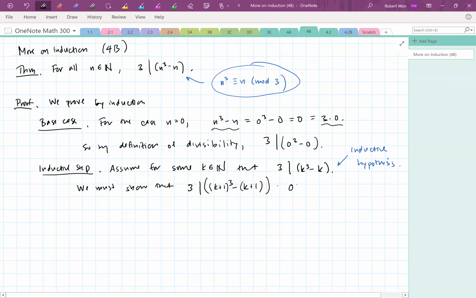So now observe that the only thing to do is to try to manipulate this. So k plus 1 cubed minus k plus 1 is k cubed plus 3k squared plus 3k plus 1 minus k plus 1. That's just some algebra, which is equal to k cubed plus 3k squared plus 2k.